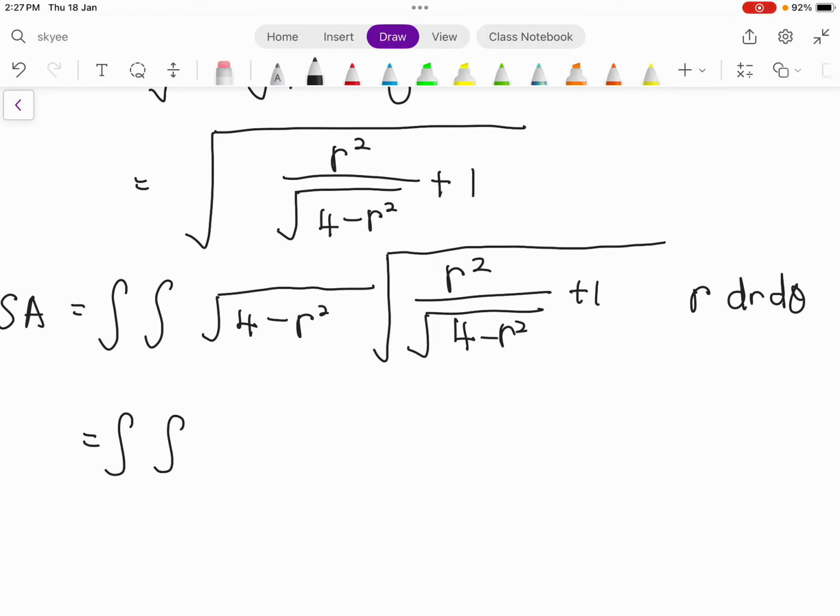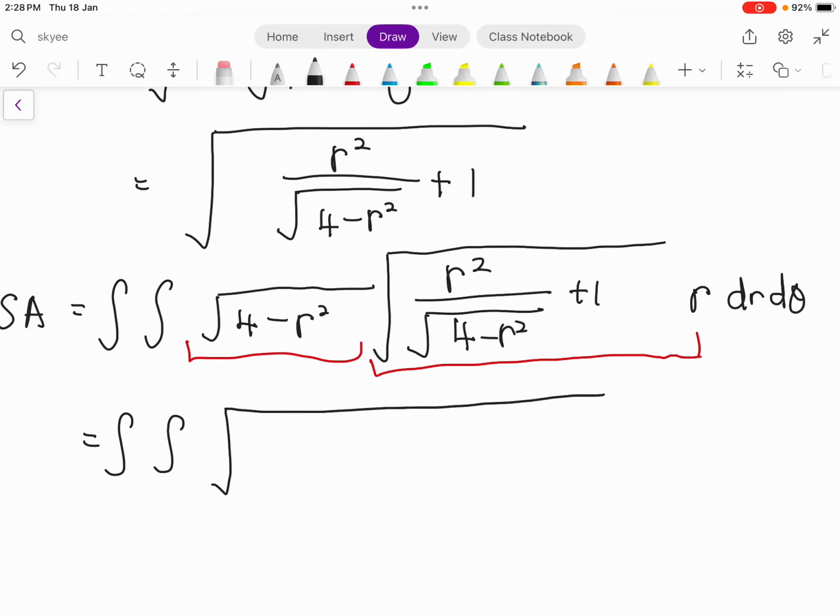So this one you can combine. This thing you can multiply inside this one, and the r is outside. When you multiply it inside, it will be a big square root. The r squared still remains, and this part will be cancelled out.